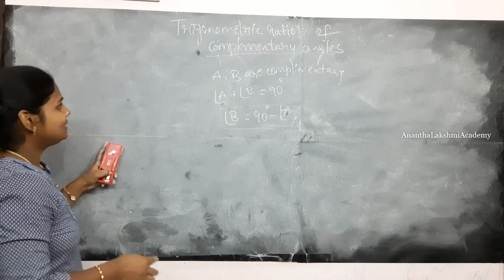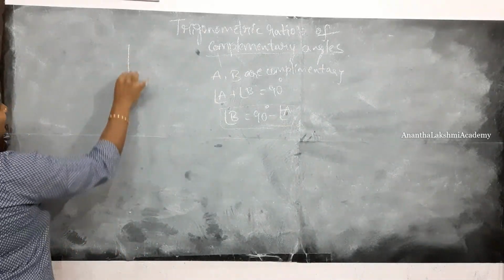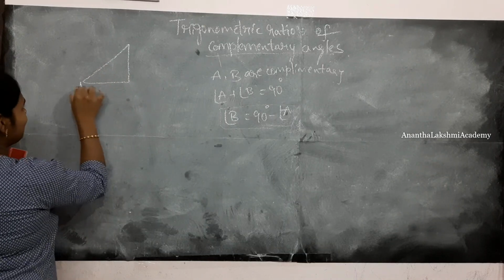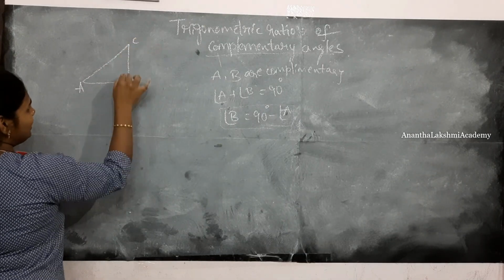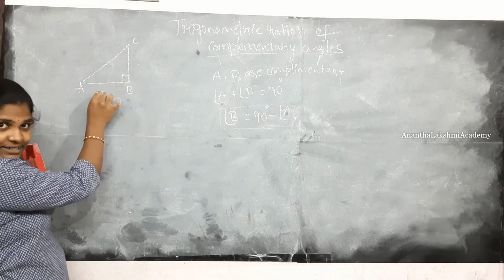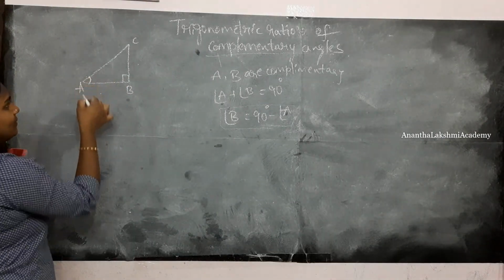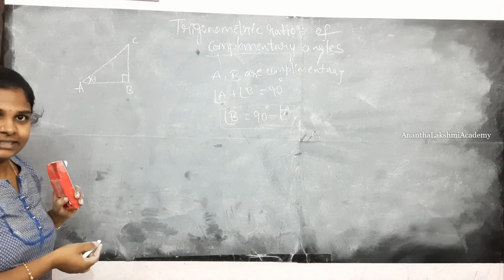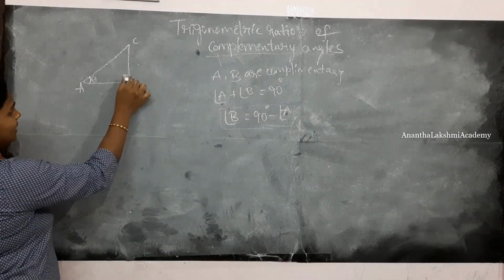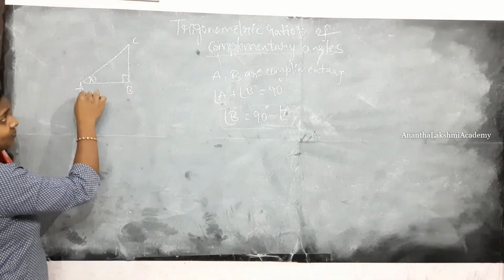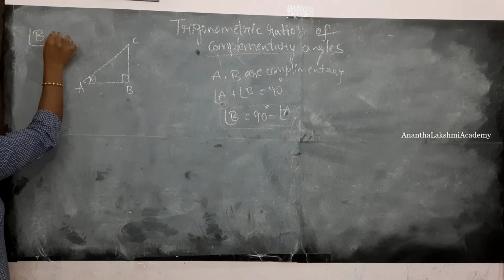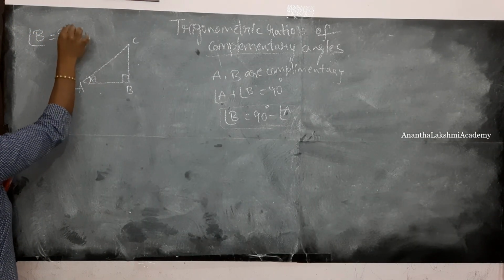So let us get started with the familiar right angle triangle ABC, right angle at B, between opposite and adjacent sides, and let us consider this angle as usual theta. So this is theta, and this is the right angle, so let me make a note: B is 90 degrees.